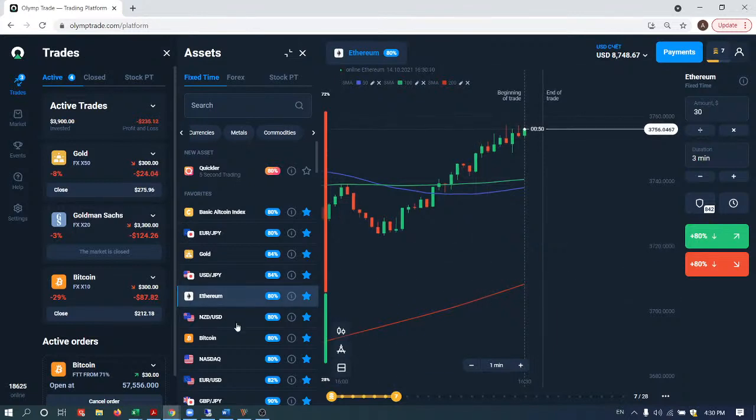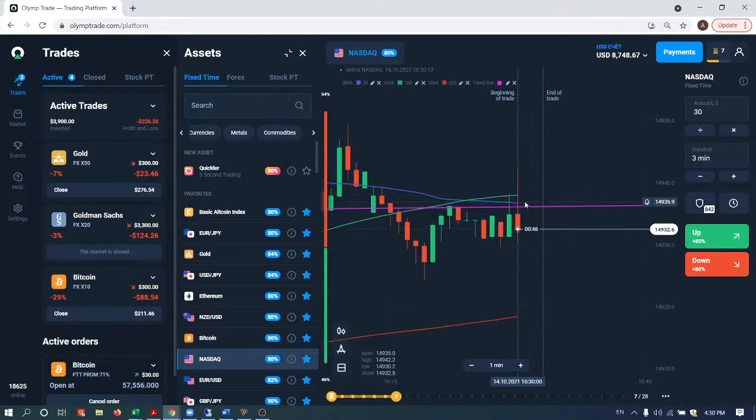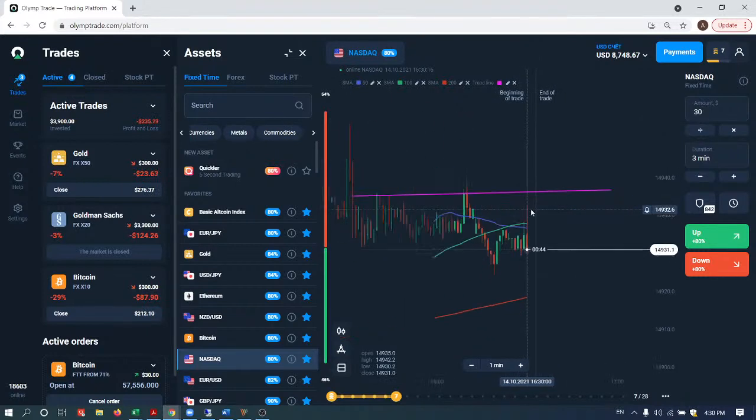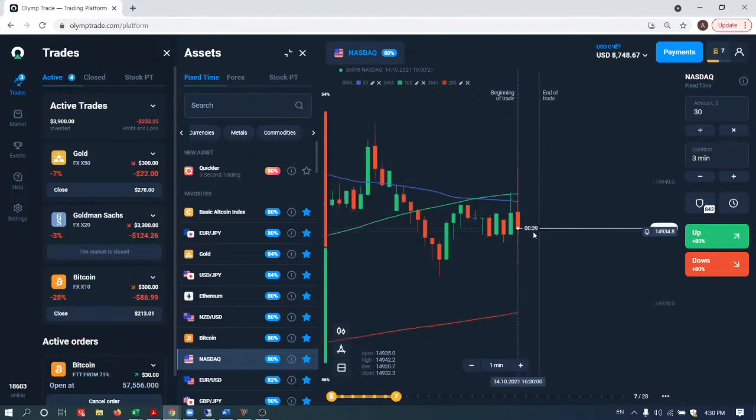All right, so the US markets have just opened. Wow. And once again, these huge candlesticks in the beginning.